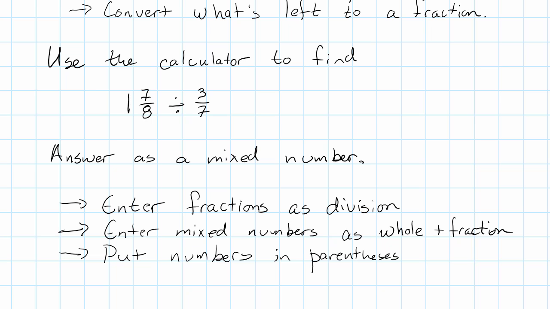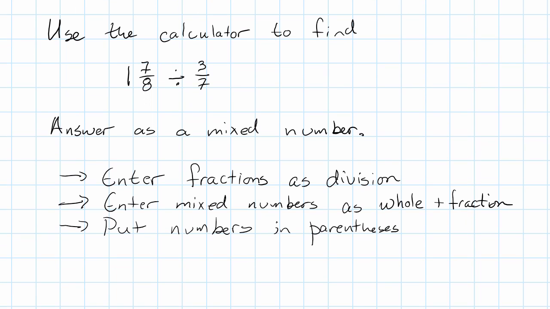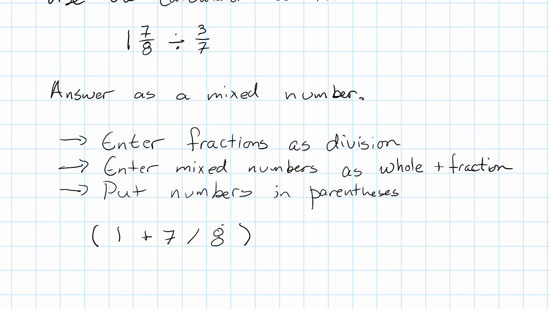When we want to enter a mixed number, we're going to put it in as just the whole number part plus the fraction part. And we're going to put individual numbers in parentheses just to make sure we don't get any weirdness going on. So the way we're going to enter this into the calculator is parenthesis 1 plus 7 divided by 8, close parenthesis.